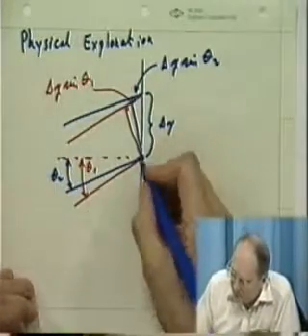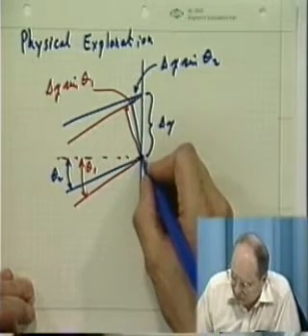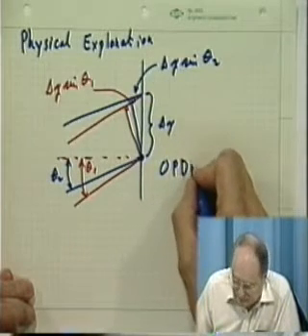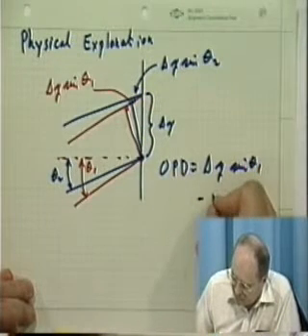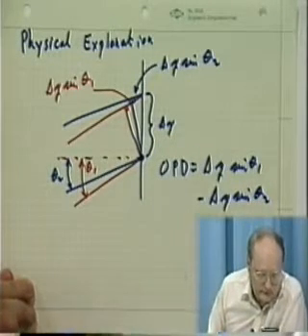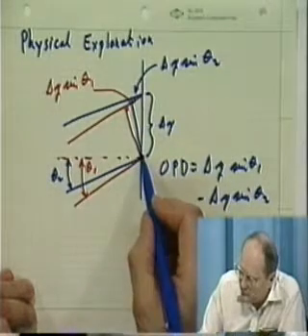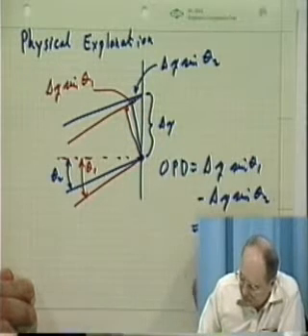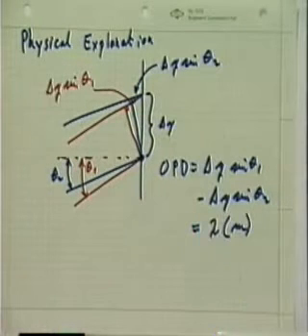And so the optical path difference, OPD, for these two beams at this point, say they match here, is delta y sine theta 1 minus delta y sine theta 2. Okay? And we're going to get a bright fringe, say these are in phase here, up here when this is equal to some integer number of wavelengths, m lambda.